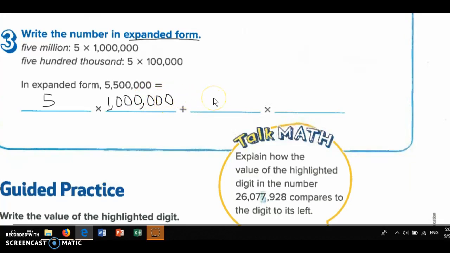And we have plus another 5 times, what is that one again? 500,000. So times 100,000.